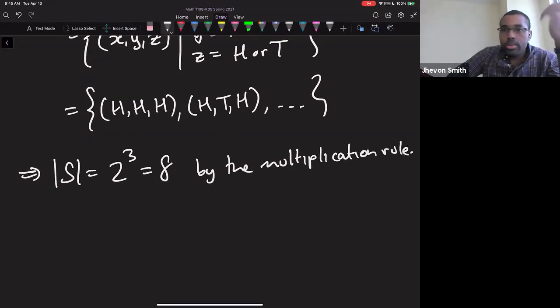We know how to count n tuples where each option has r possibilities, the number is going to be r raised to the n. So here I have 2 possibilities for each slot, so that's the base, and I have 3 slots, so that's the power. So that gives us 8. That's the multiplication rule, which we've seen over and over.